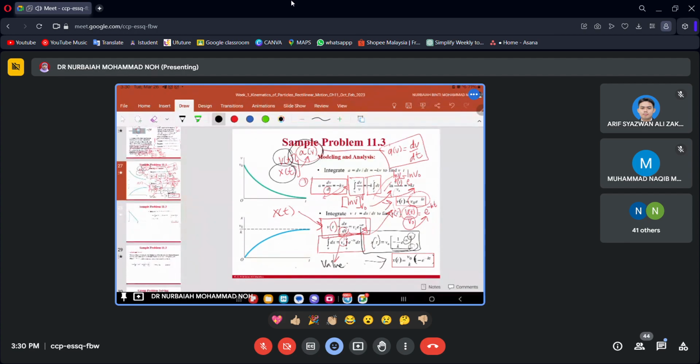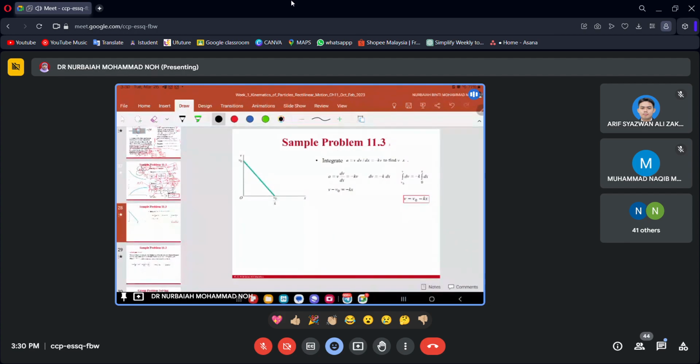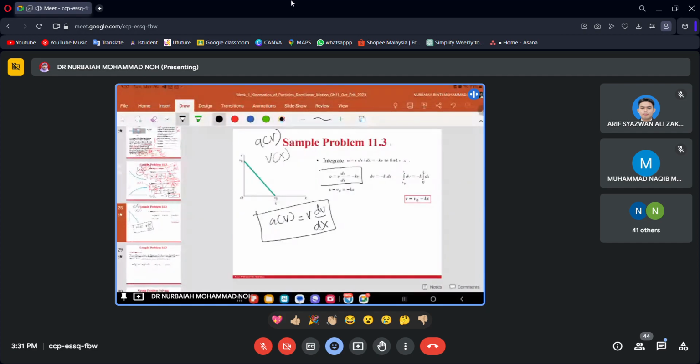All right, and then the last question asks you to get v as a function of x by given a as a function of v. So now to derive for this, the kinematic relationship that we need to apply here is v dv over dx. So we have v dv over dx equal to negative kv.